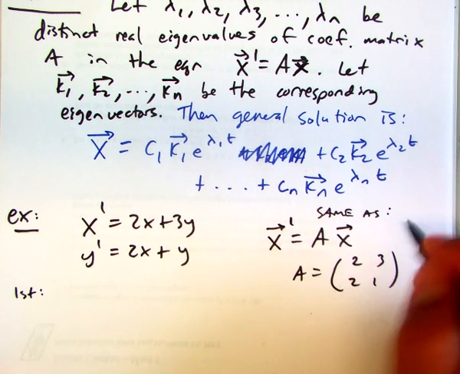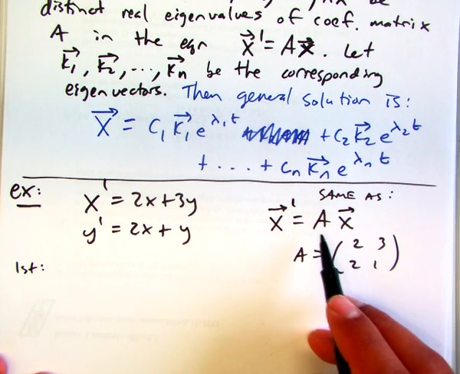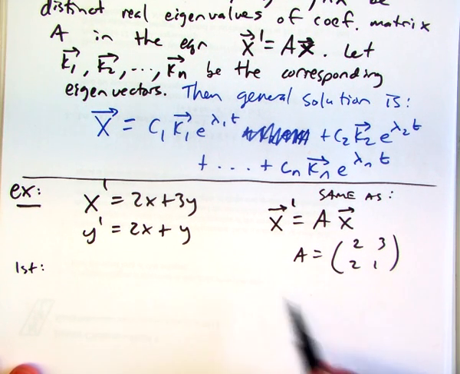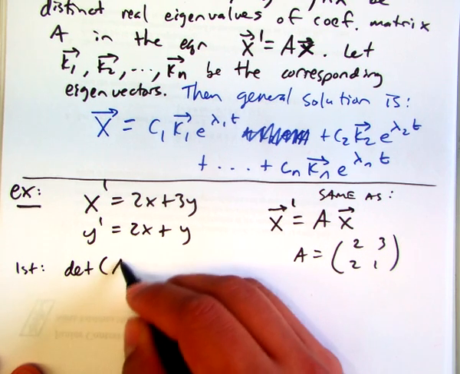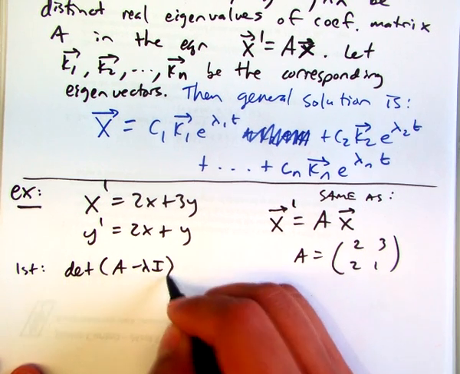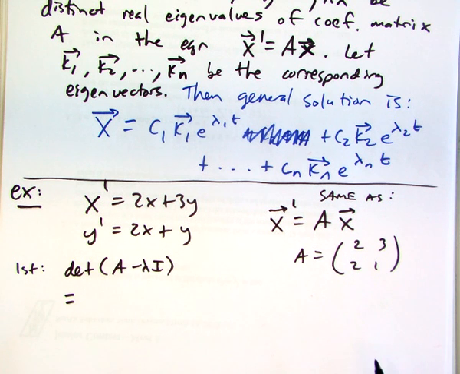So first what we're going to do is find the eigenvalues corresponding to the coefficient matrix of the system here. So first we do the determinant of A minus lambda times I, set that equal to 0 and find our eigenvalues.